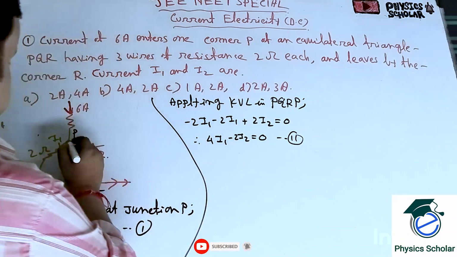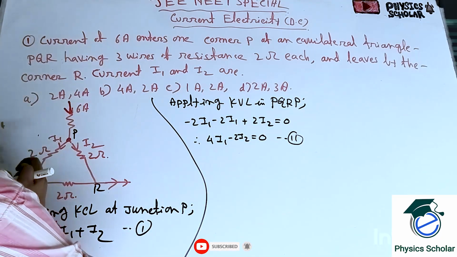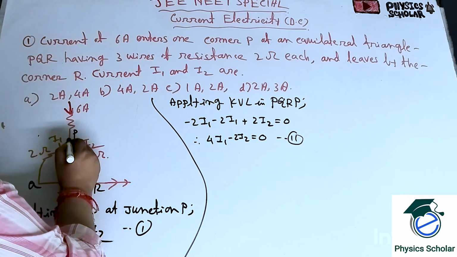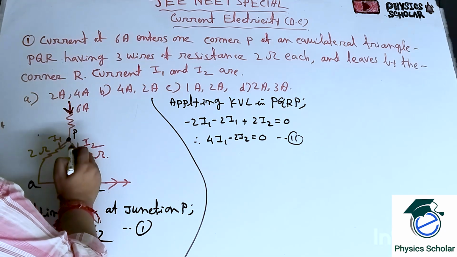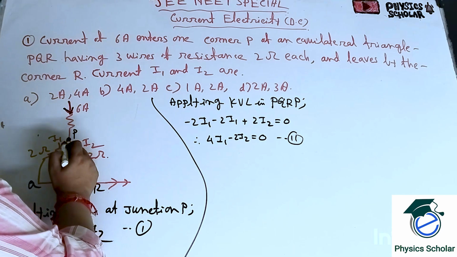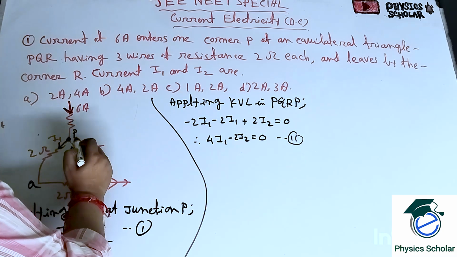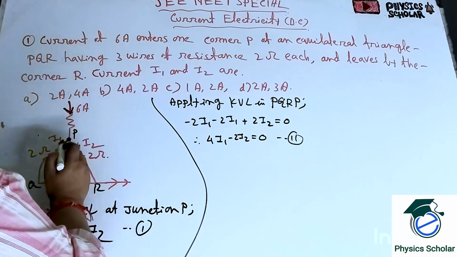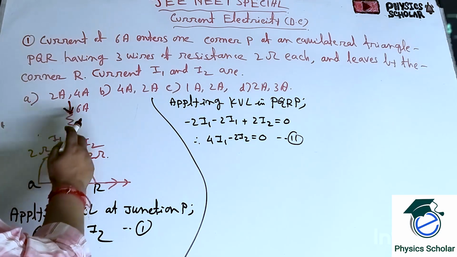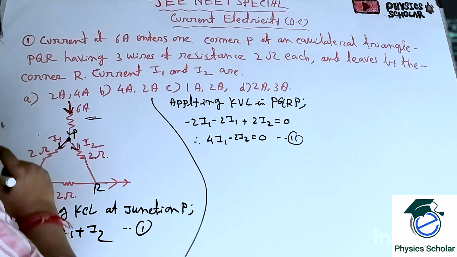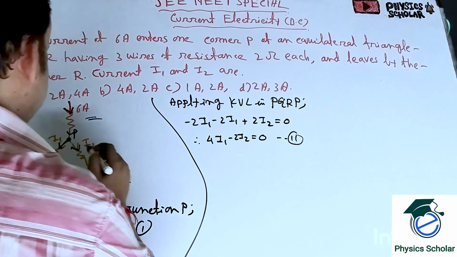Now see here, this is the junction of the circuit. 6 ampere current is entering, and I1 and I2 are leaving from this point. So 6 will be positive and I1, I2 will be negative.